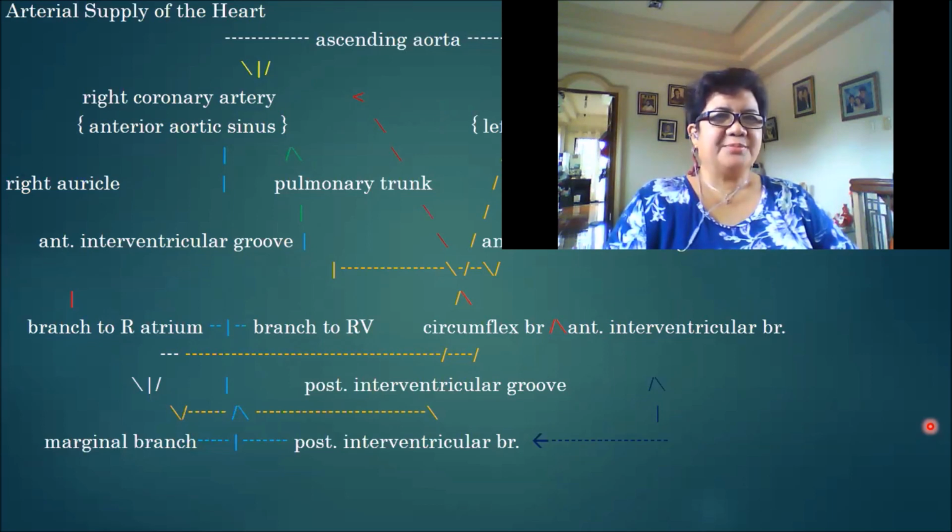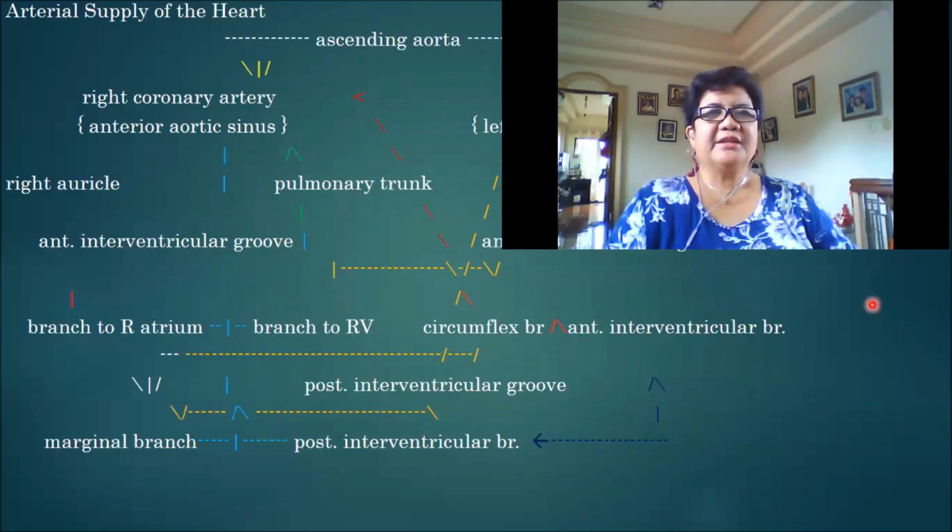There are two types. I want you to answer me: what are the two types of end arteries, and which one does the arterial supply of the heart belong to? What kind of end arteries?